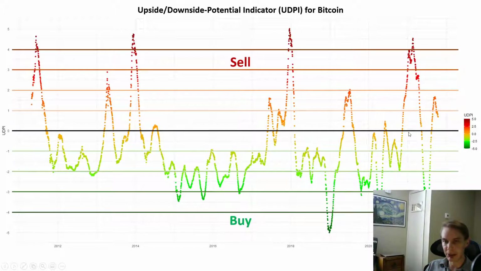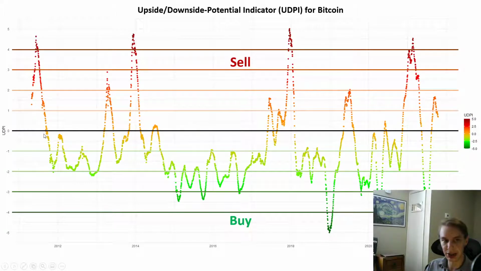And of course, one could set this up any way they want to. One could decide to only buy between maybe the -2 and -5 range, and then only sell above 2 on the UDPI.